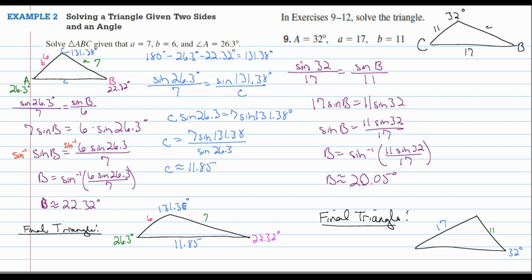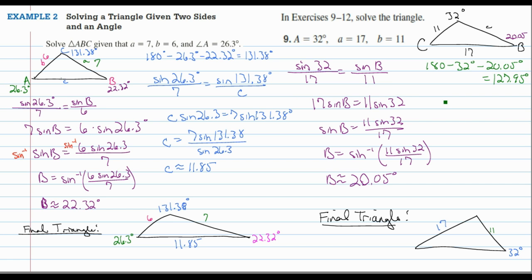I've stored it as B so that I can reuse that value. Specifically, I need to reuse that value first off to find angle C. I know that angle B is 20.05 approximately. So now angle C is going to be 180 minus the 32 degrees I was given for angle A minus the 20.05 I just found for angle B.